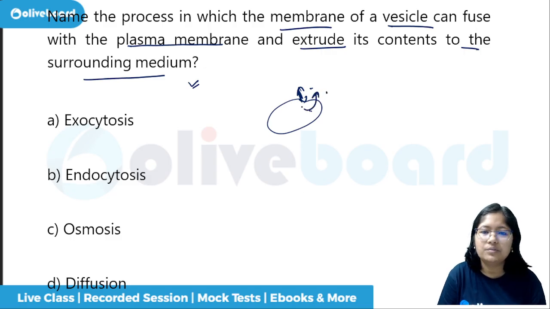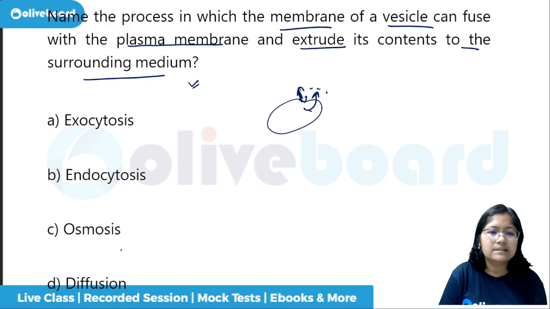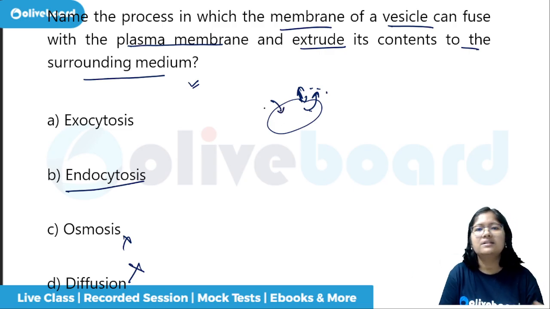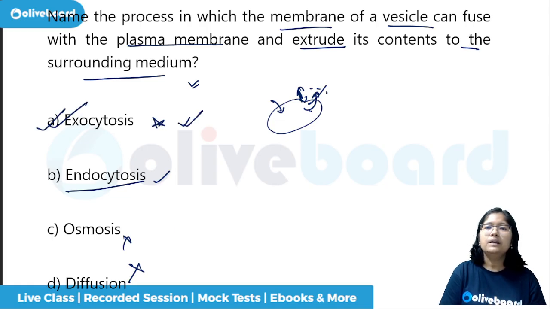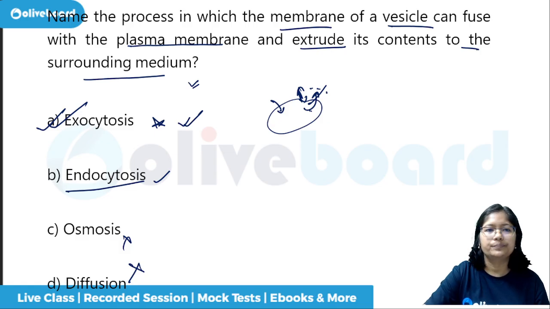So something is going from inside to outside. Is it diffusion or osmosis? No. Is it endocytosis? When something is coming in, it is known as endocytosis. When it is going out, it is known as exocytosis. So the best answer here will be exocytosis.